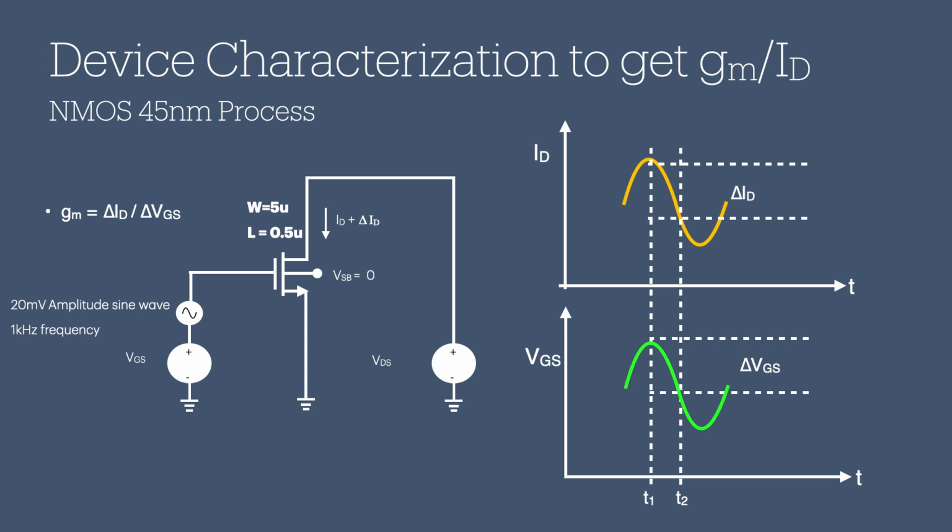By doing this, its drain current will also be perturbed. The drain current now is its DC value ID plus delta ID. By dividing the change in ID with respect to VGS, we get the gm. By dividing the gm we just obtained by the DC drain current, ID without perturbation, we get gm over ID.